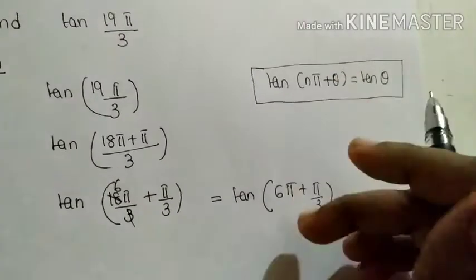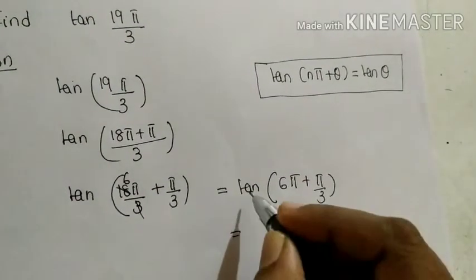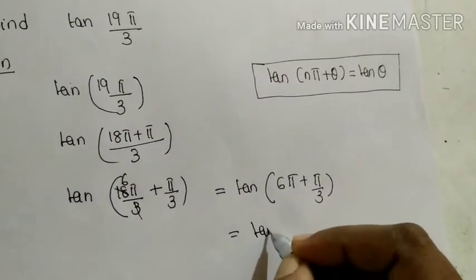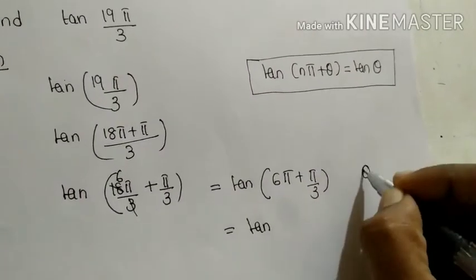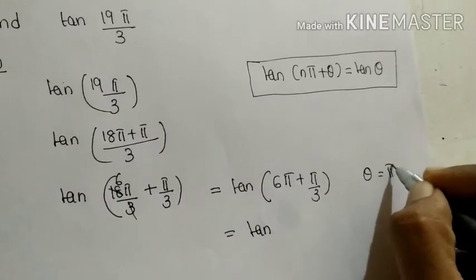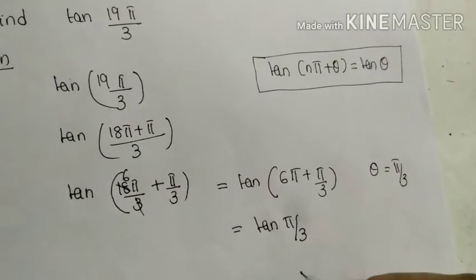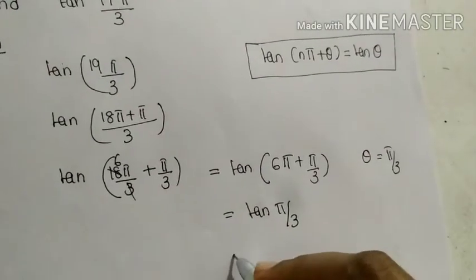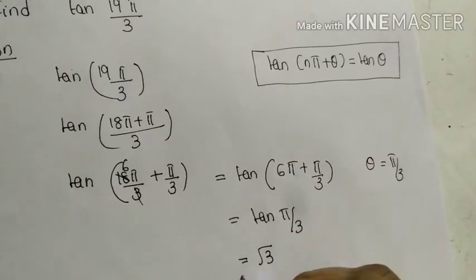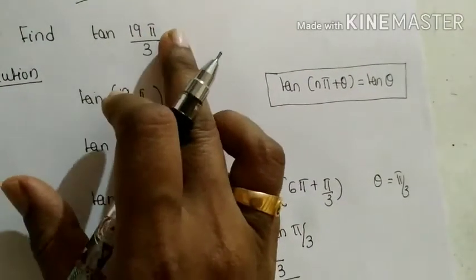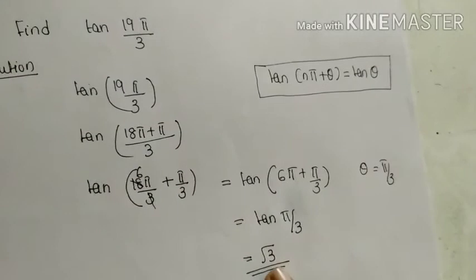So this is equivalent to tan theta, here theta is pi by 3, right? So tan pi by 3, and we know that the value of tan pi by 3 is root 3. So the value of tan 19 pi by 3 is equivalent to root 3.